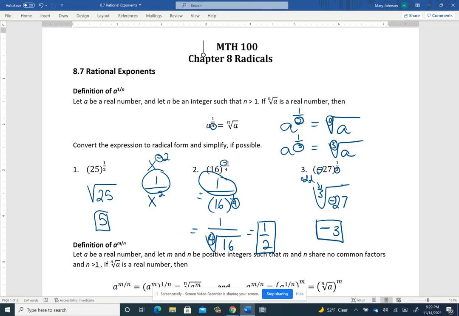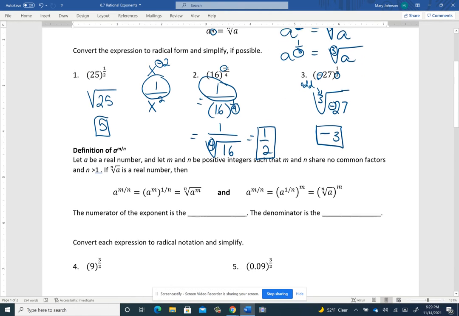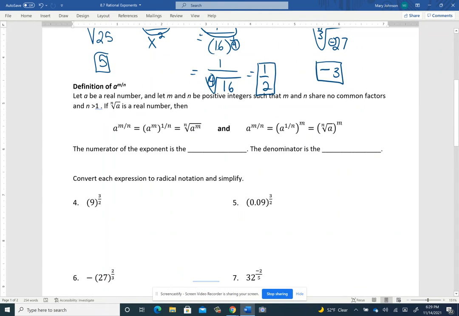Now all that's going on in this next section is that instead of just a 1 on top of the fractional exponent, we might have a number other than 1. The numerator of the exponent is going to give you whatever the power is, whatever you're raising it to. The denominator is going to give you the index of the root.